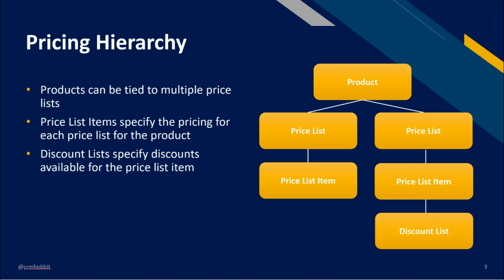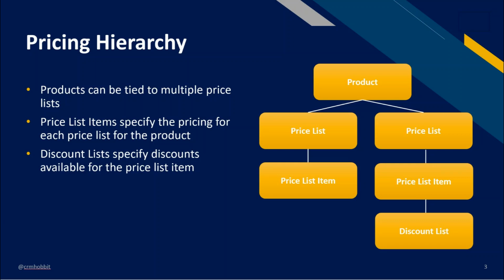Dynamics 365 Customer Engagement does actually have a pricing hierarchy. Each product can be tied to multiple price lists, as we mentioned before in the example where territory is important. Each sales rep could have their own territory price lists related to the same products across the country.